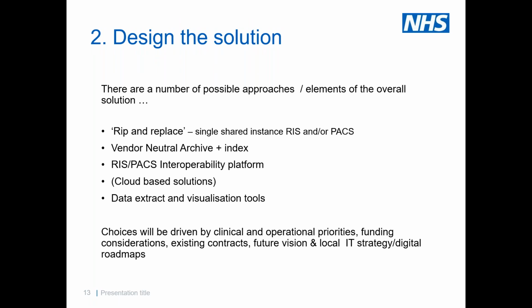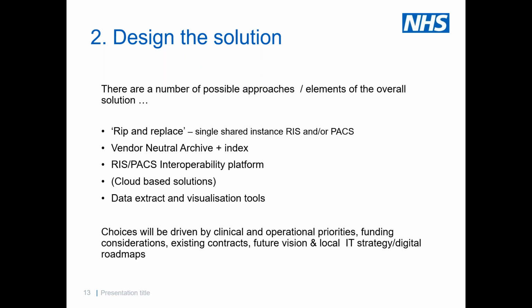So there are a number of possible ways. At a technological level, there are a number of possible solutions here, or approaches to a solution. And it might be that for you, you need more than one component to get to your overall solution.